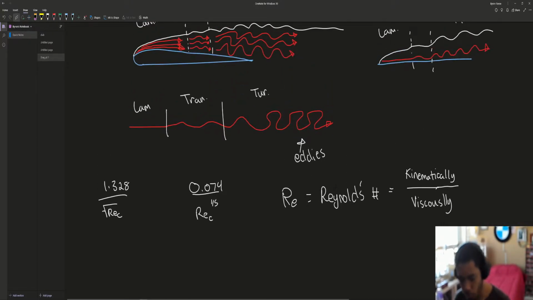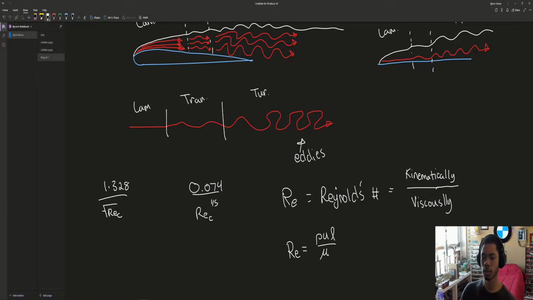Okay. Now we find out the Reynolds number is written out as rho U L over mu, your viscosity.